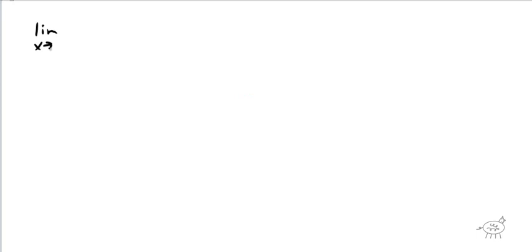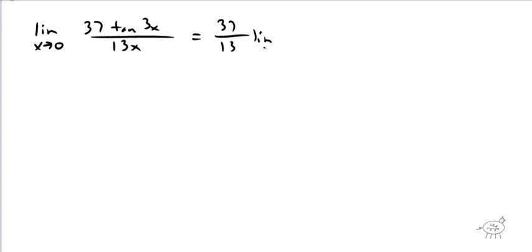Limit as x approaches 0 of, this is kind of a scary one, 37 tangent of 3x over 13x. Brutal! So what do we do? Take the 37 over 13 out. So 37 over 13, limit as x approaches 0 of tangent of 3x over x.